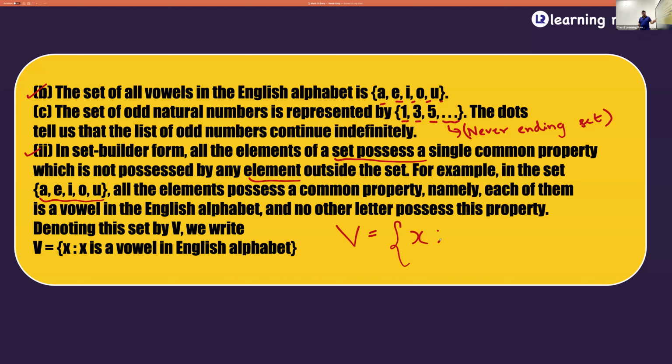So how do you say? x such that x is a vowel of which alphabet? English. Simple, no? This is what we call the set builder form. So when you extend and write this, it is going to give you the roster form. They can always be interchanged. I hope this is clear.